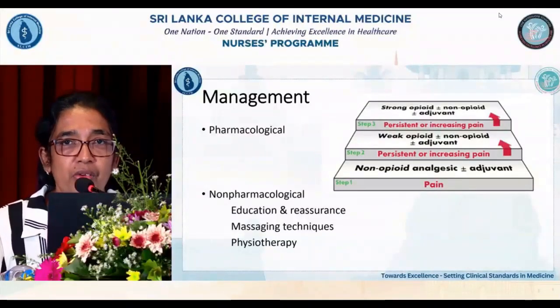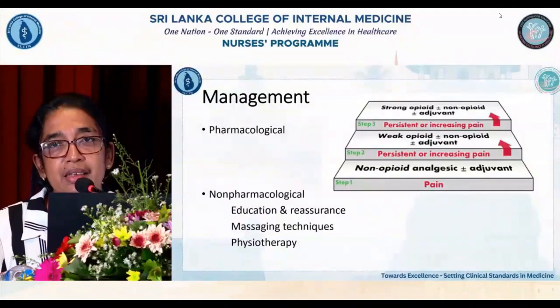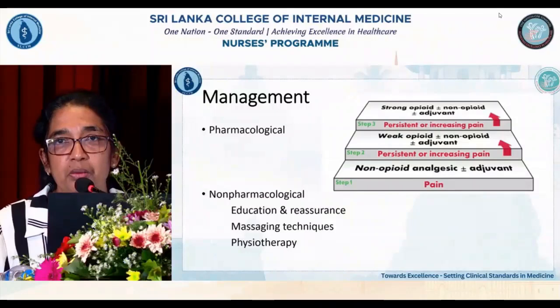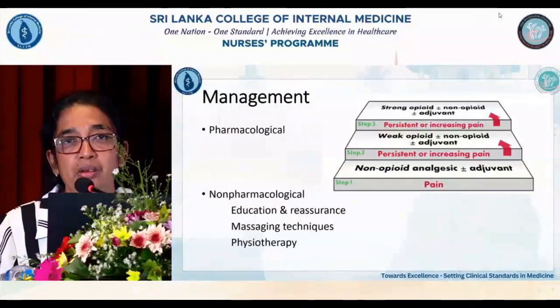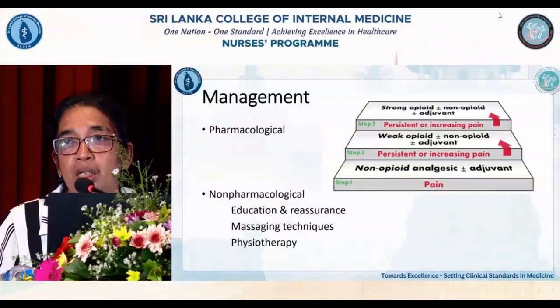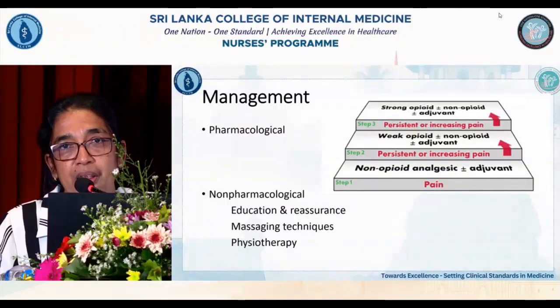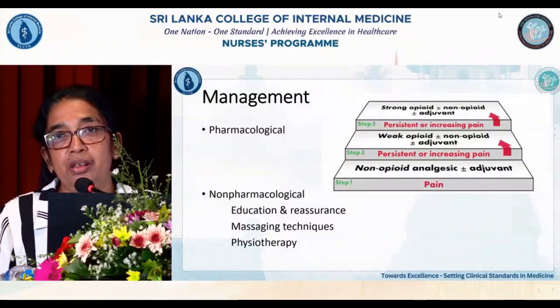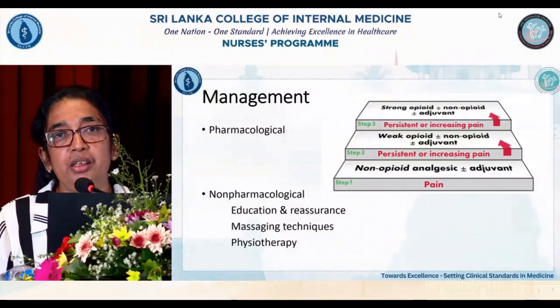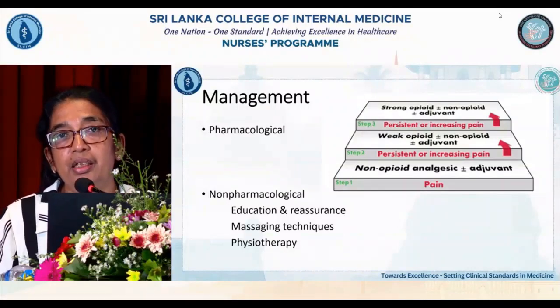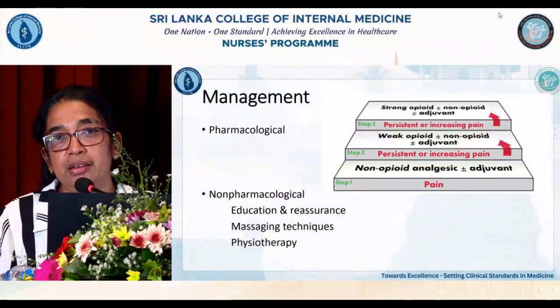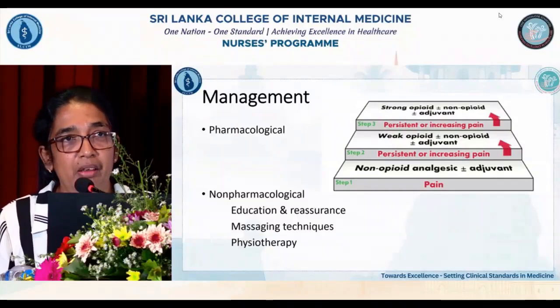I think you all know these things, and the aim of this lecture or symposium is to highlight them and bring them into day-to-day practice. I think all of you will use your current knowledge, skills and attitudes to change the world as nurses and medical officers as well.